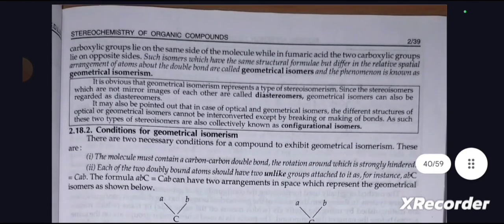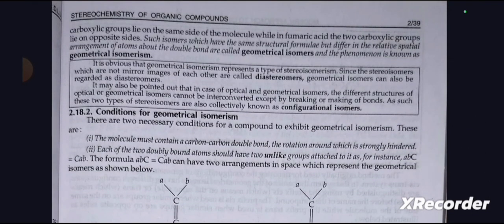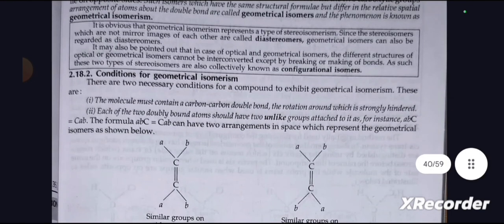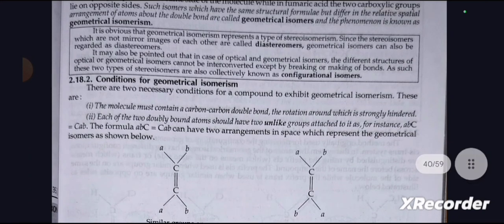In maleic acid, the two carboxylic groups lie on the same side of the molecule, while in fumaric acid, the two carboxylic groups lie on opposite sides. Such isomers which have the same structural formula but differ in the relative spatial arrangement of atoms about the double bond are called geometrical isomers, and the phenomenon is known as geometrical isomerism. It is obvious that geometrical isomerism represents a type of stereoisomerism, since stereoisomers which are not mirror images of each other are diastereomers.